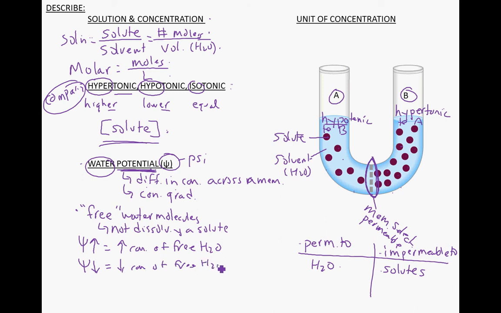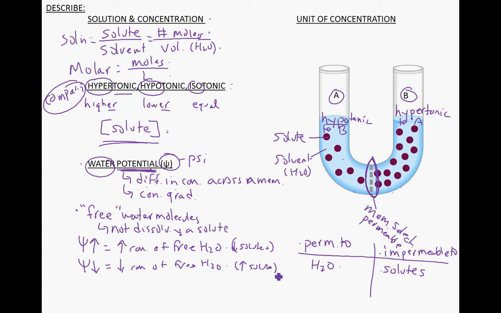This is a little complex, but it's simple at the same time. If there are high free water molecules, that means that there are very low solutes, right? And if there's a low concentration of free water, then there's a high solute concentration.